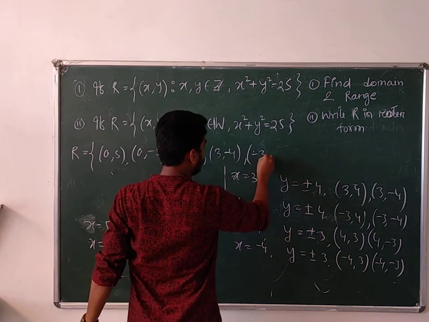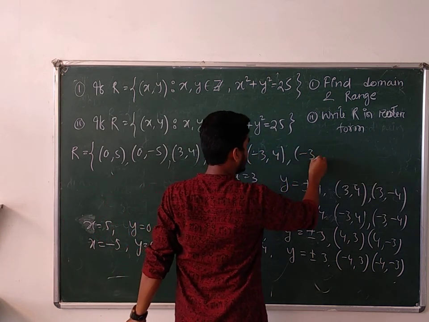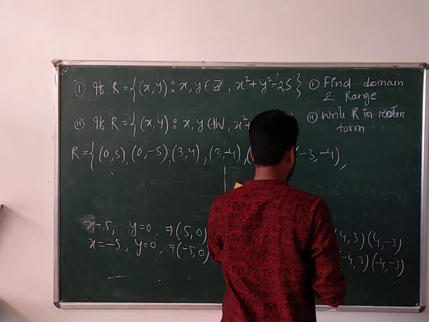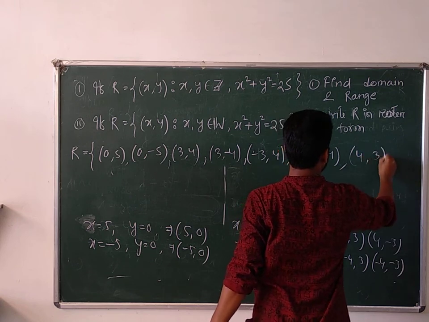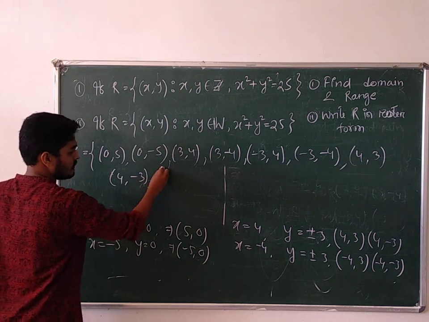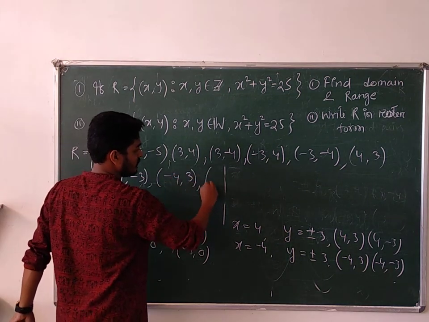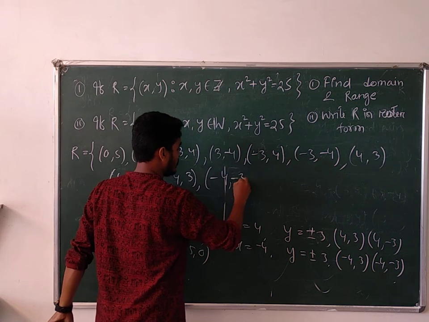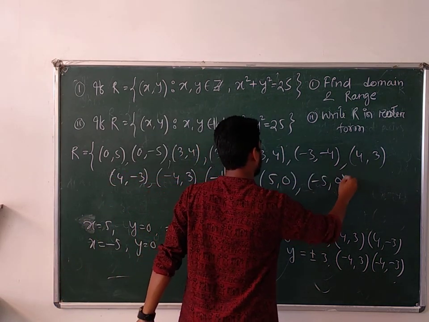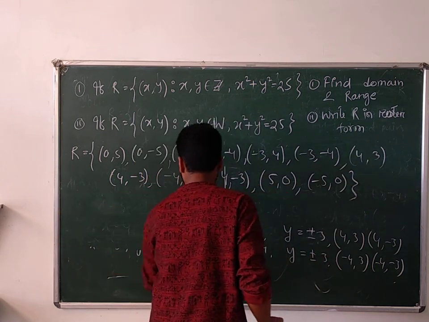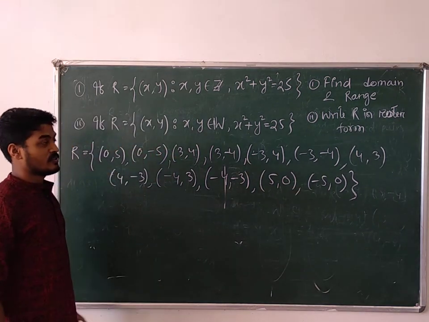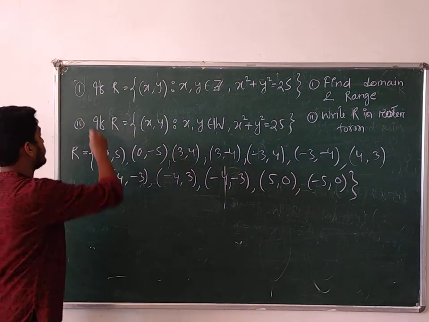Then (-3,4), (-3,-4). Then (4,3), (4,-3), (-4,3), (-4,-3). Last one is (5,0) and (-5,0). We have got all these values of x. So this is the set R in roster form for the first case.